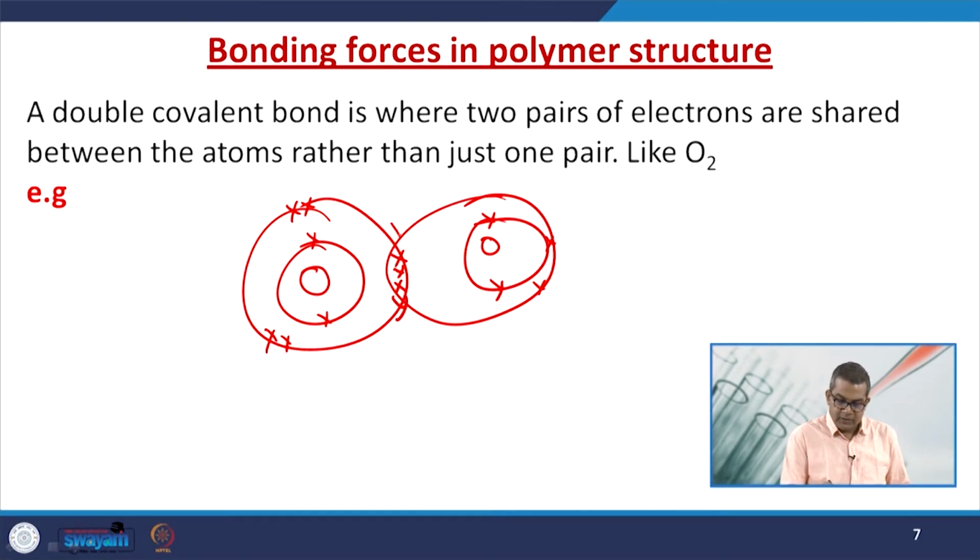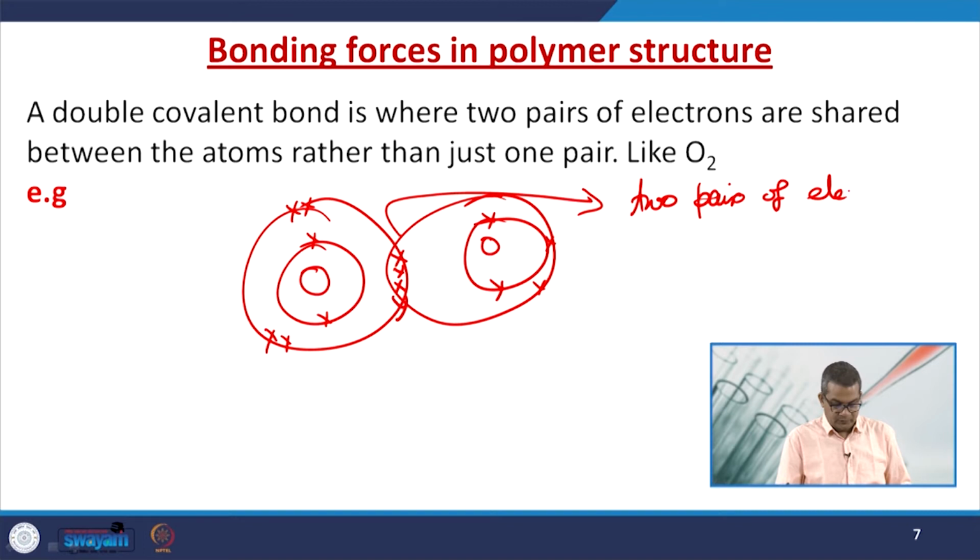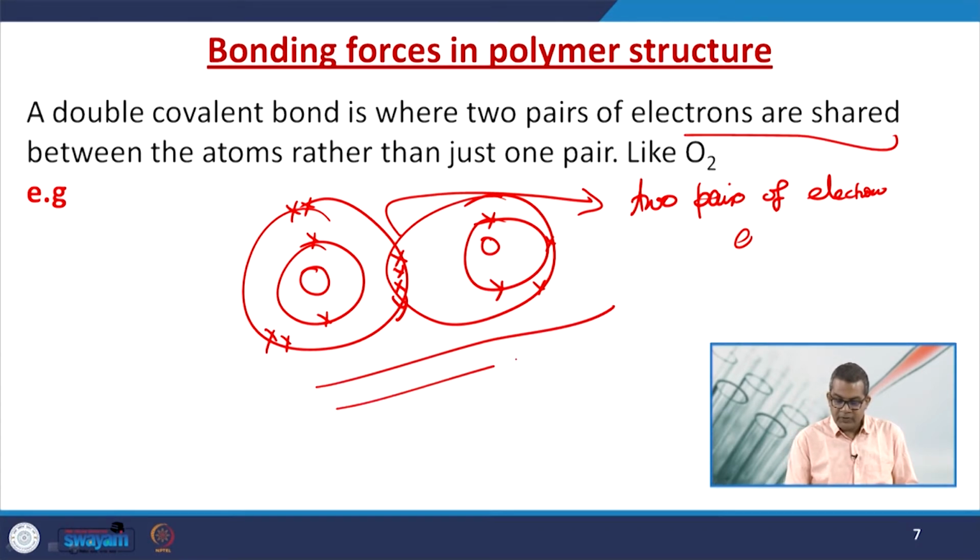Two pairs of electrons are shared, so this is another type of covalent bonding system.